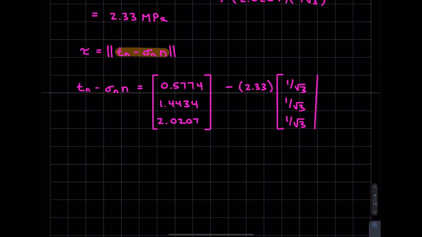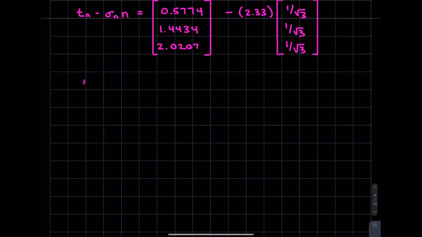I can finish this off, and it's very easy to see from here that this is just going to be a vector. So I come down here and say, my Tn minus sigma n times n is going to be equal to, in brackets, the values: negative 0.7689.